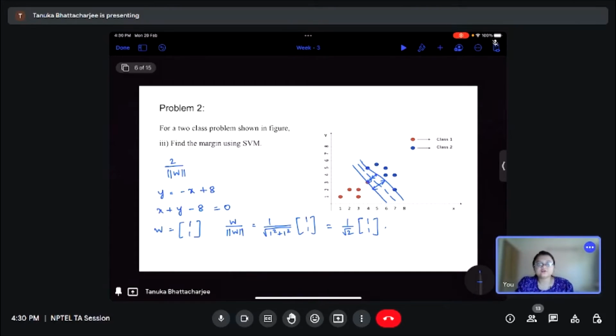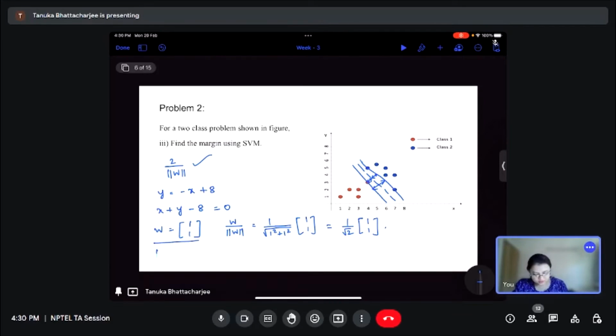I'll show it both ways. One is just using this formula, which is 2 by norm of w, and w in this case is this vector 1 1.